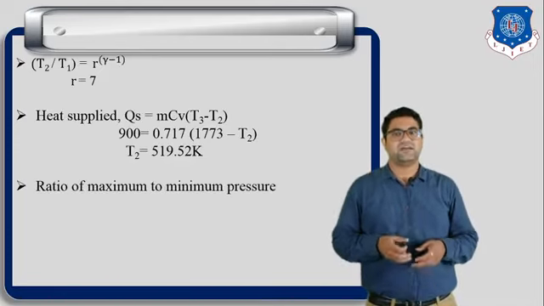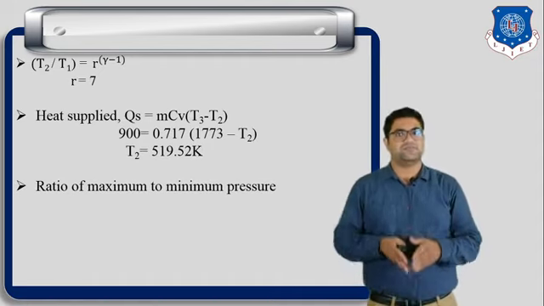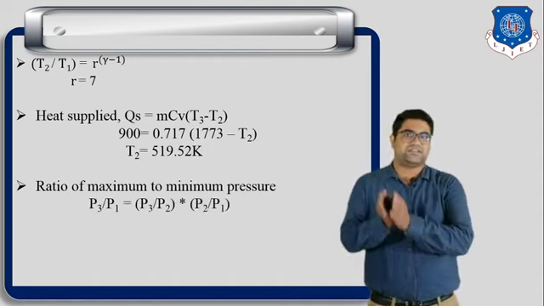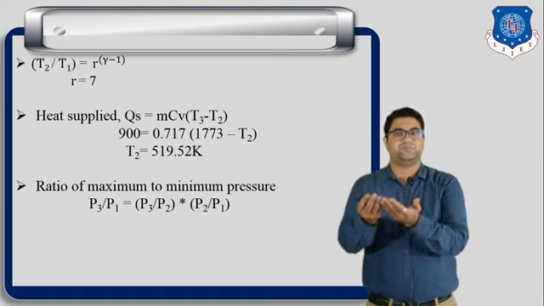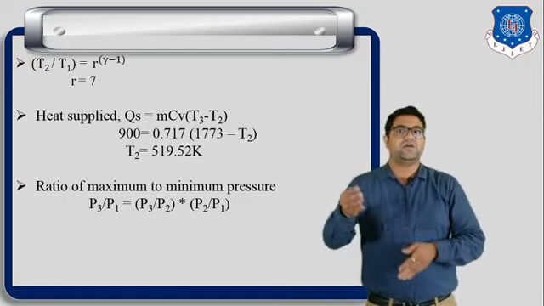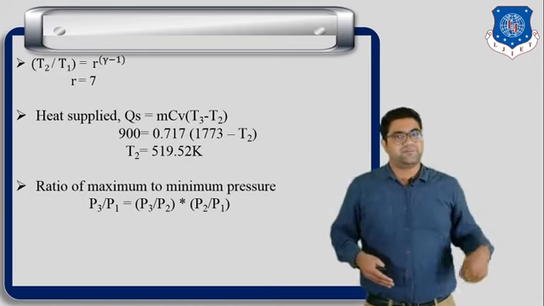Now second, what we need to find is the ratio of maximum to minimum pressure. Here the maximum pressure is P3 and the minimum pressure is P1. So we need the ratio P3 by P1. We can write P3 by P1 is equal to P3 by P2 into P2 by P1.